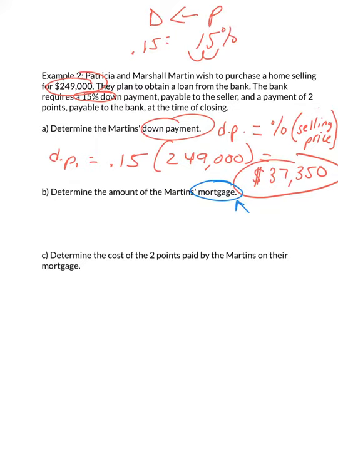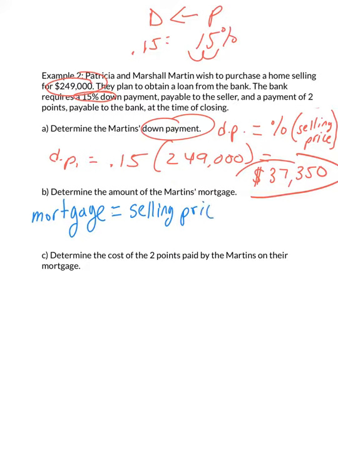If it's just the overall mortgage amount, the overall amount we're borrowing, we mentioned this formula as step 2 of the last question, part A. As long as we know what the mortgage means, that's the amount we're borrowing. We're going to take the selling price and just subtract the down payment. Since we're putting the down payment towards the house cost, the leftover is what we need to borrow to afford the house.